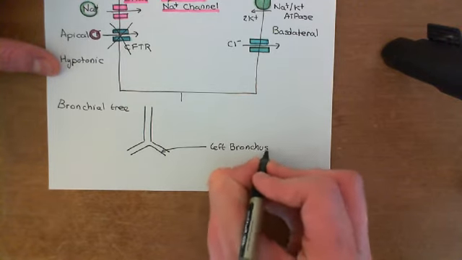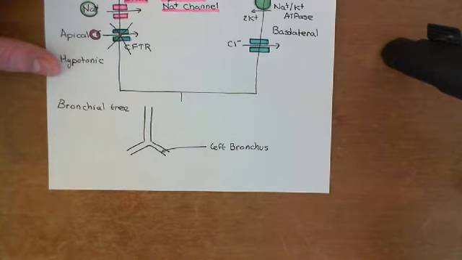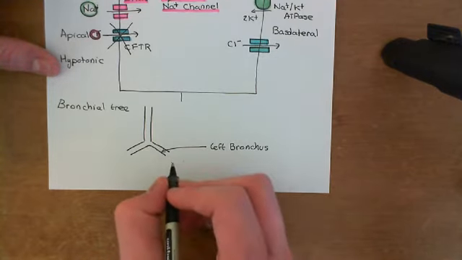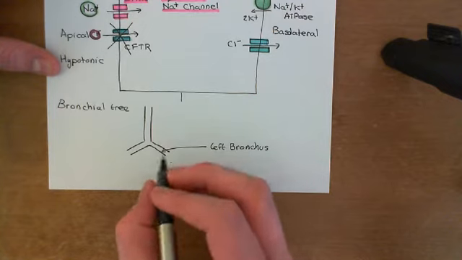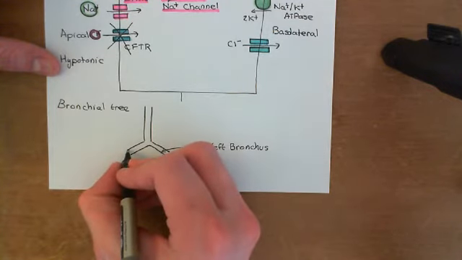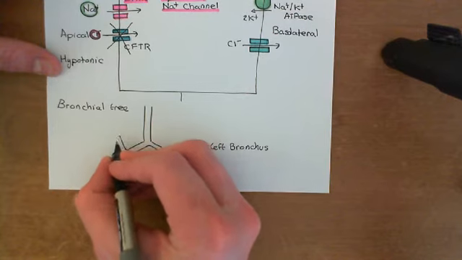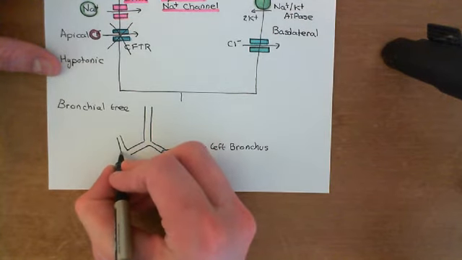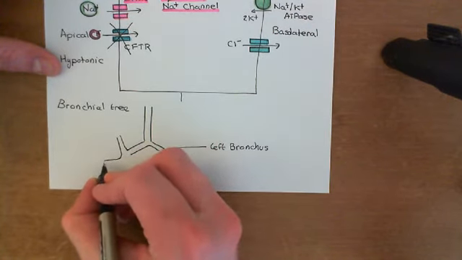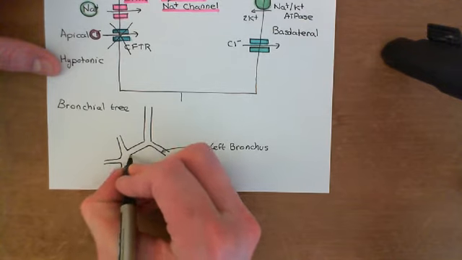So this is the left bronchus, and the other one will be the right bronchus. Really what I want to get across in this picture is just the concept that they split and split and split and split. If we do it for the right bronchus, this will give off loads of different branches. Here's another branch, here's another branch.